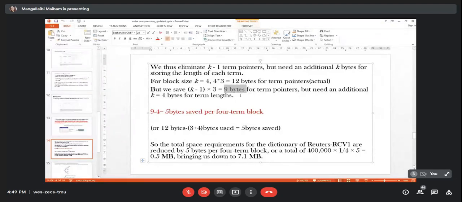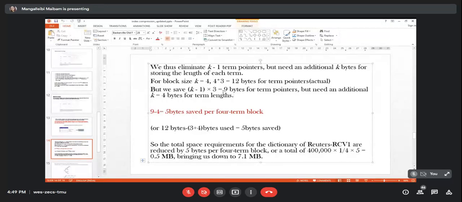Initially, the actual thing is we have saved 9 bytes, but since we put the term length in front of each starting first term, additional k bytes have to be spent. So another 4 bytes have to be spent.